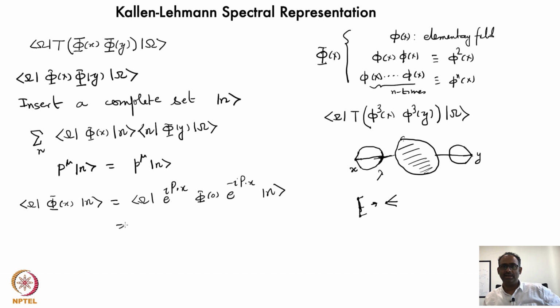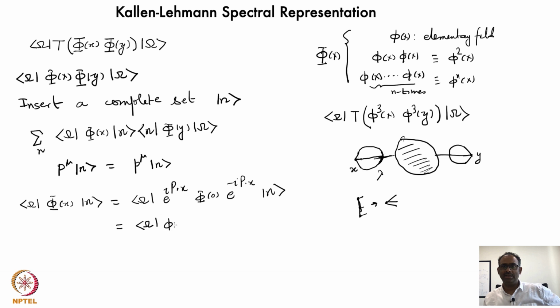Then we have assumed that our vacuum does not change, or it has an eigenvalue 0. That way also you can see. If it has an eigenvalue 0, then P acting on vacuum will give you 0, and this is just omega, because this gives identity.